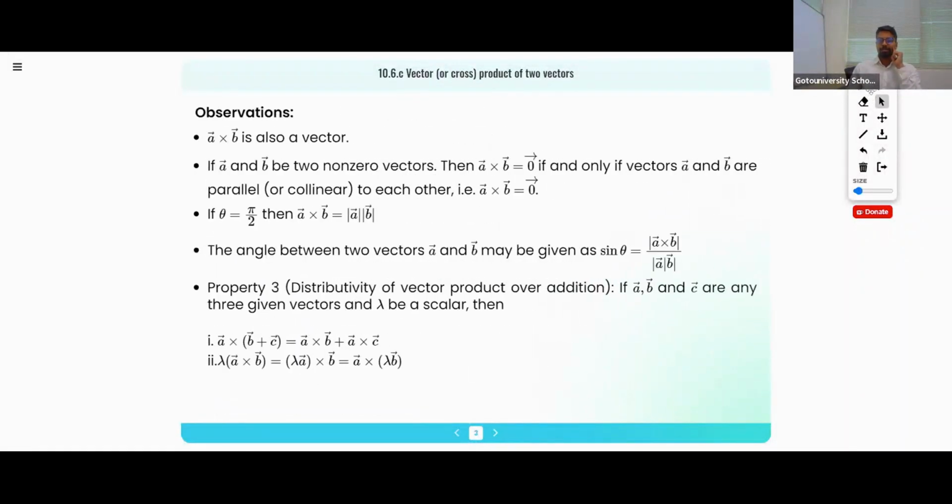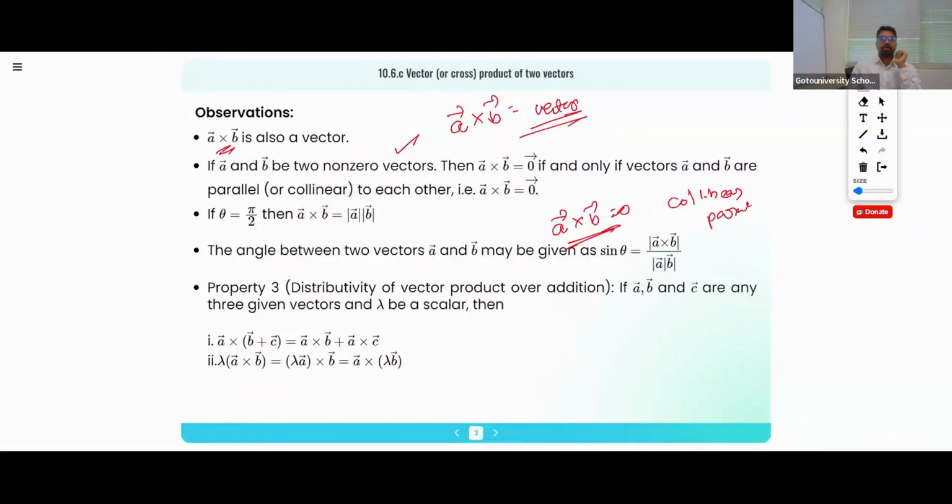Before that, some important observations. Vector product of two vectors is also a vector. That's why it's called vector product, and it is represented by cross. If A and B are two non-zero vectors, then A cross B is equal to 0 only if they are collinear or parallel.